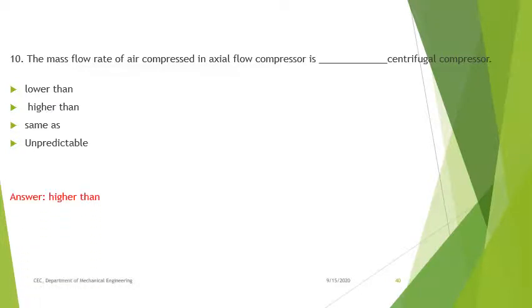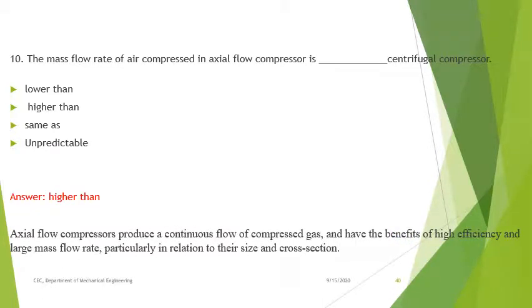The answer is higher than the centrifugal compressor. Axial flow compressors produce a continuous flow of compressed gas and have the benefits of high efficiency and large mass flow rate, particularly in relation to their size and cross section.